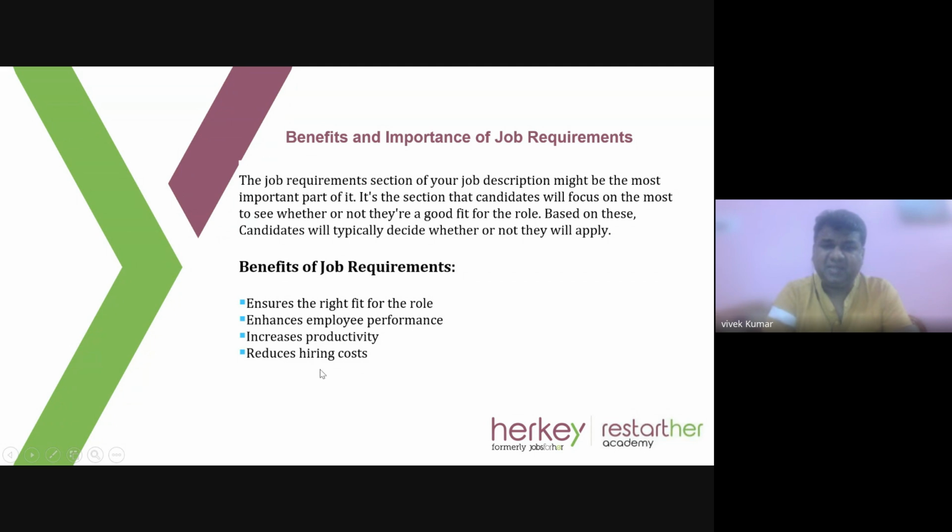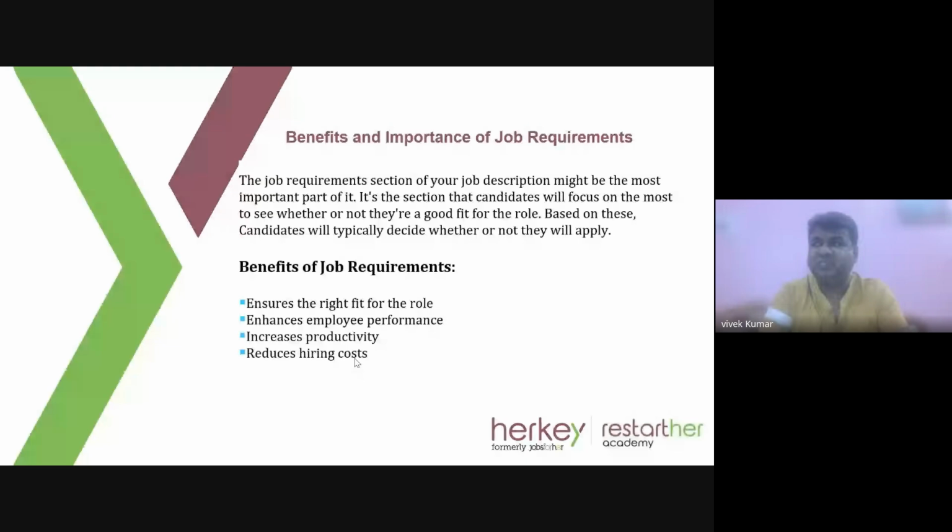And another very important thing is it reduces the hiring cost. So this is very critical. The cost is always a combination of the timeline in which the right candidate is being hired, and also how many candidates are being evaluated in the process, right? So the best scenario would be, as a recruiter, I would like to hire someone within a week, maybe 15 days, whatever my timeline might be, and while interviewing, maybe fewer than 10 or 20 applicants, right?